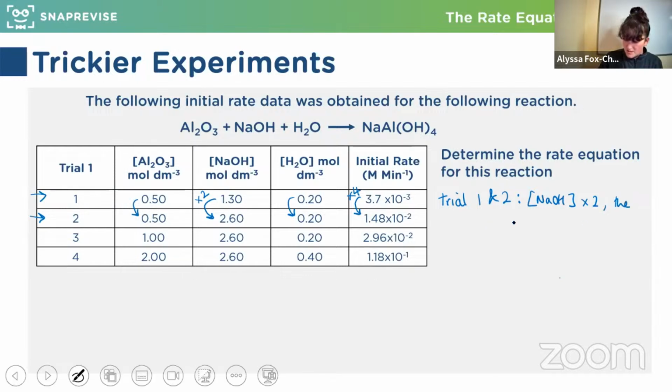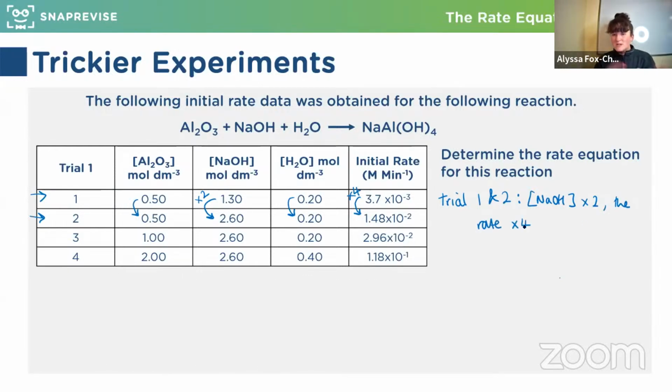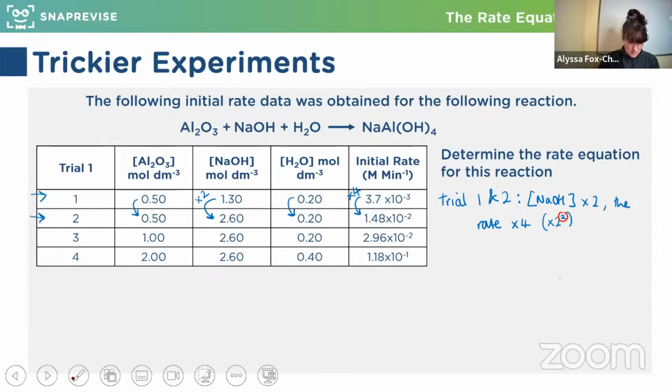The rate is times by 4. How does that relate to doubling, to times 2? 4 is 2 squared. Because it's 2 squared, that little squared tells us that it is second order.